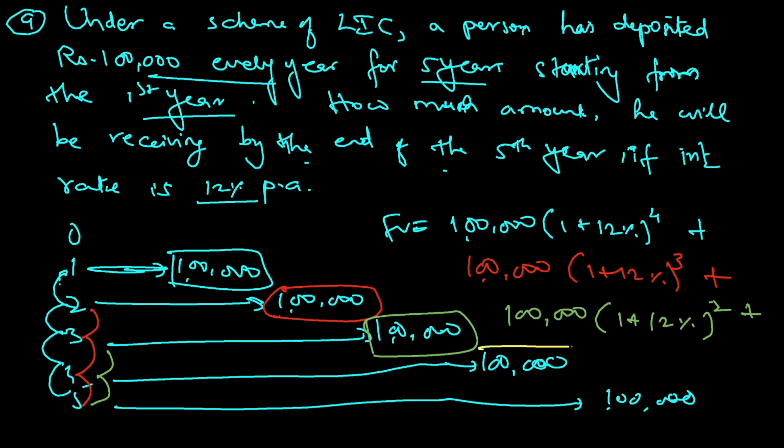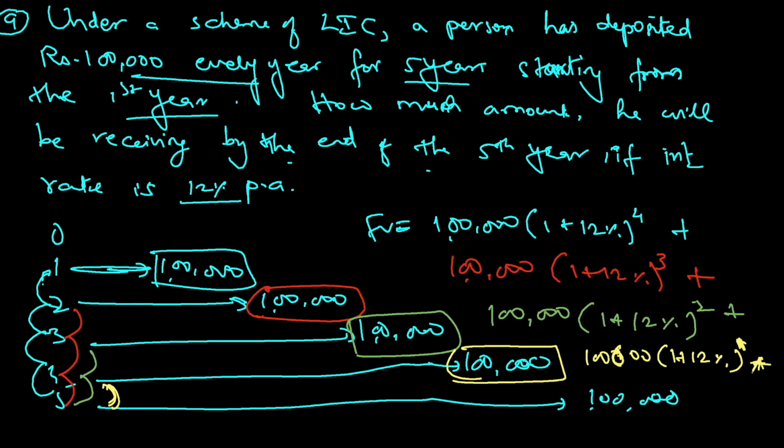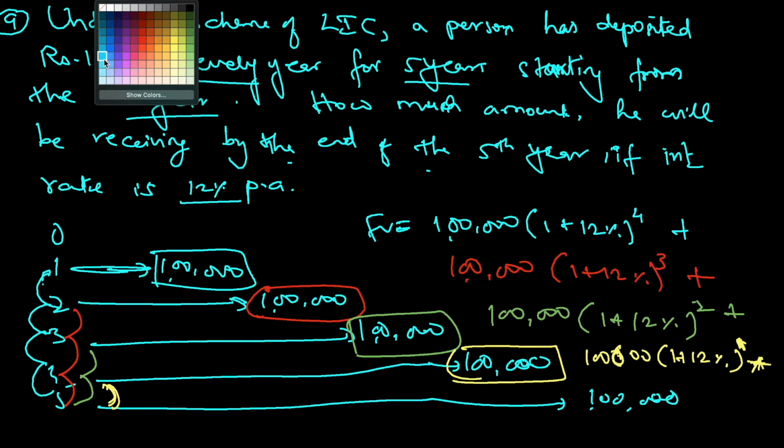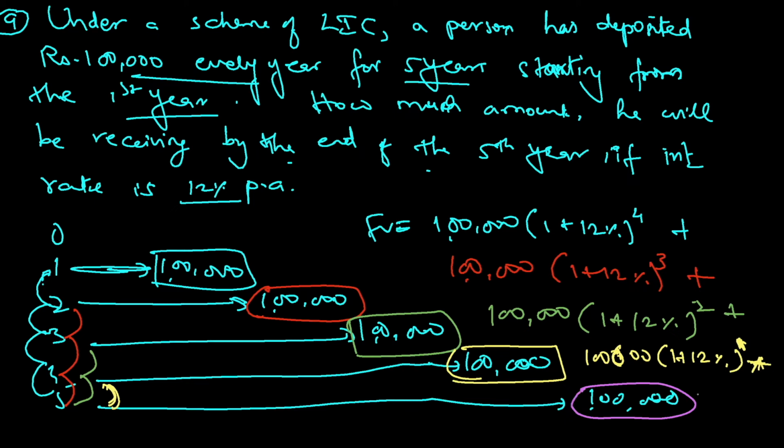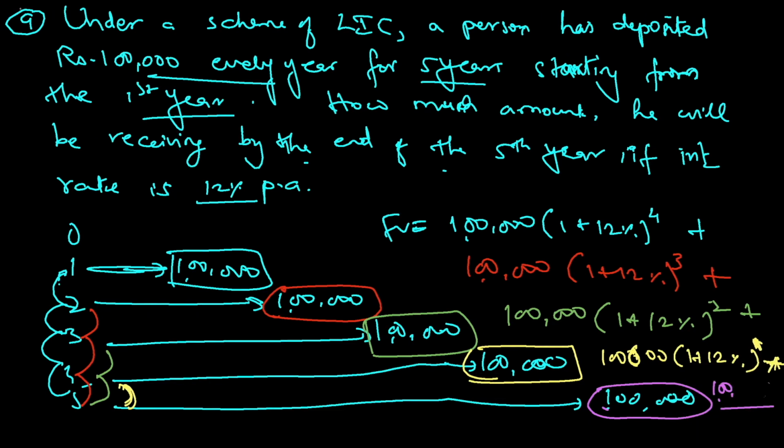Next one is this 1 lakh into 1 plus 12%, now this is only for one period. Plus now this last amount of 1 lakh: here you are not going to write anything because this is already the present value, so we take it as it is, only 1 lakh.